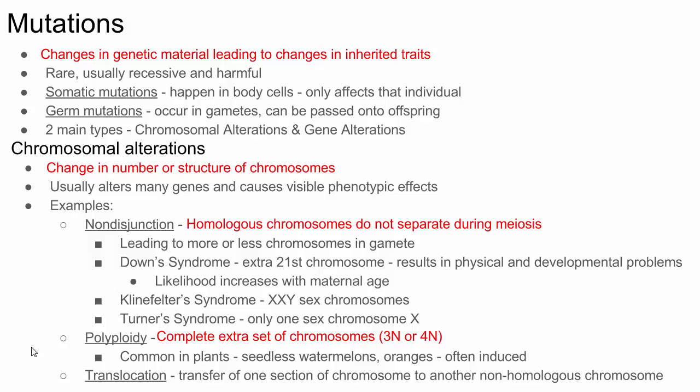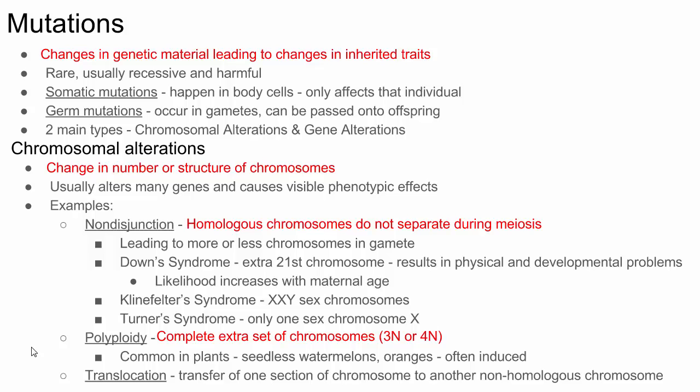In fact, a higher animal is never born with 3 or 4 sets of chromosomes. They're not viable, but plants are. In fact, often this is induced in plants, because plants that have polyploidy are often larger, grow better. Seedless watermelons, for example, oranges, are often produced from polyploid plants. They produce larger fruits. So it can be induced using certain chemicals.